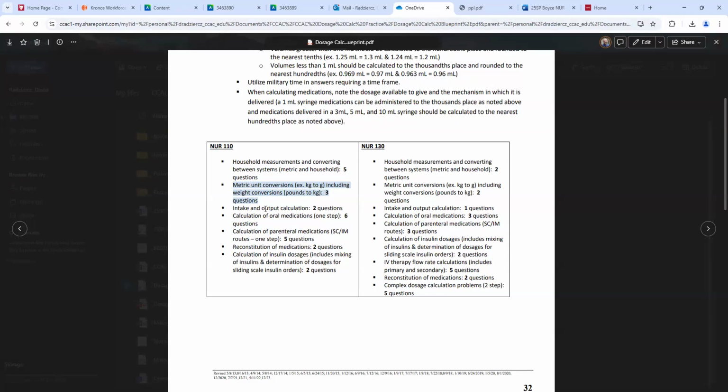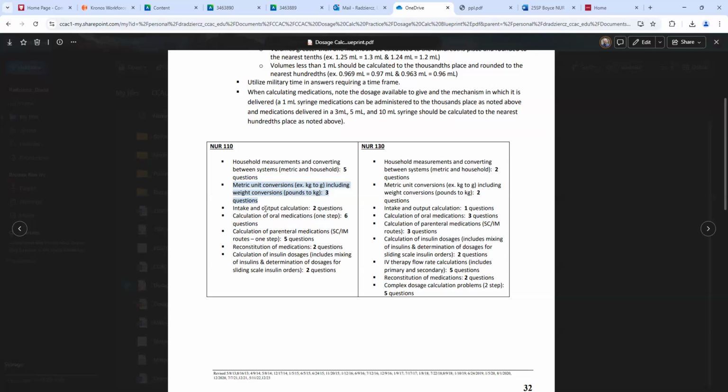You guys do an intake, where you calculate based off of someone's menu, their meal, like coffee, juice, Jello, ice chips, whatever it is, and you calculate how many ounces or milliliters they consumed in that meal.